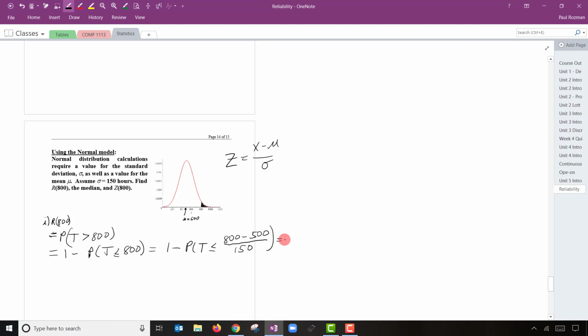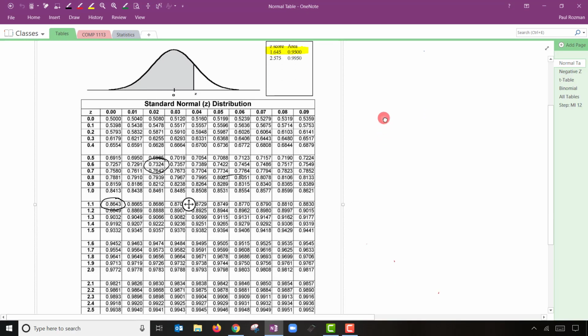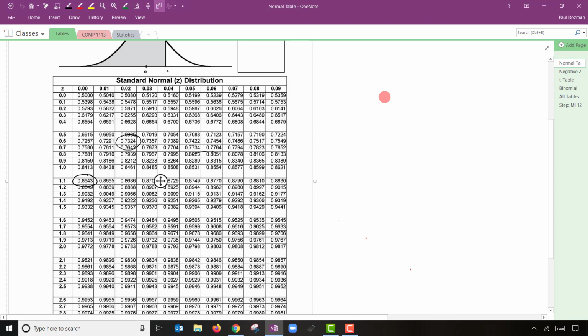That gives a nice z-score. It's 1 minus the probability that z is less than or equal to 2. And then we can just look up 2 in our z table. Zip over to my handy z table. We're doing 2.00, so we're in this first column here.